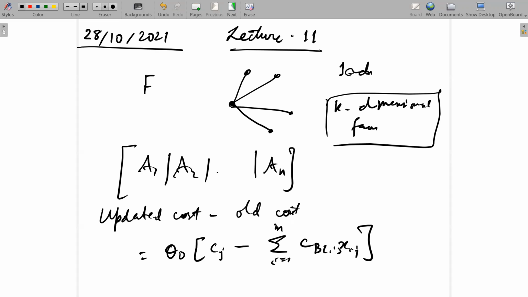Preferably it is strictly less than, but less than or equal suffices. If it is equal, we will always choose the option where it is strictly less. So we want this quantity to be negative. So we want j such that this is negative.